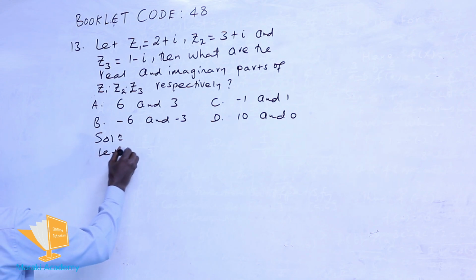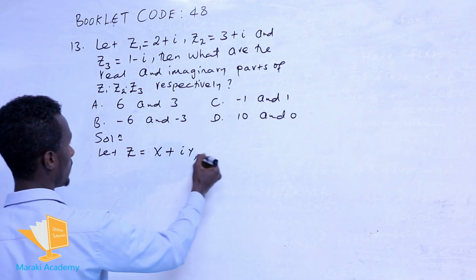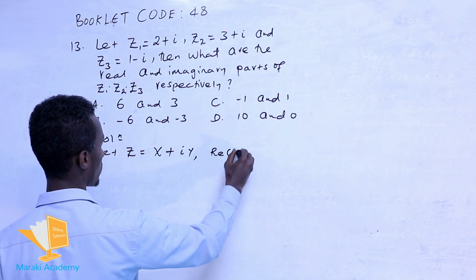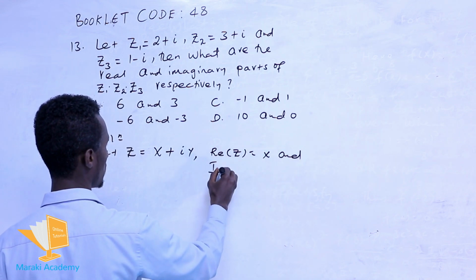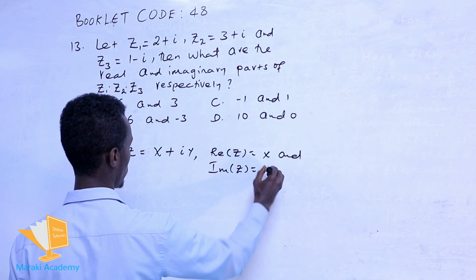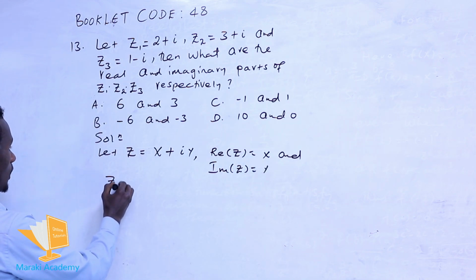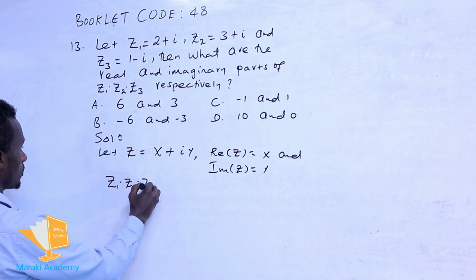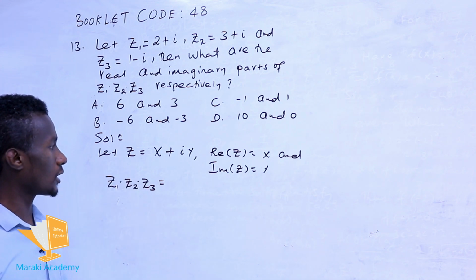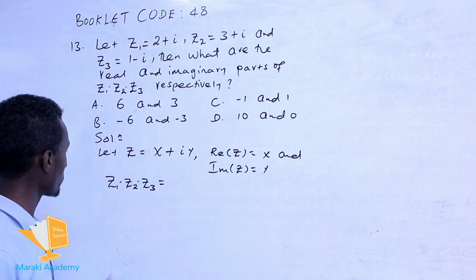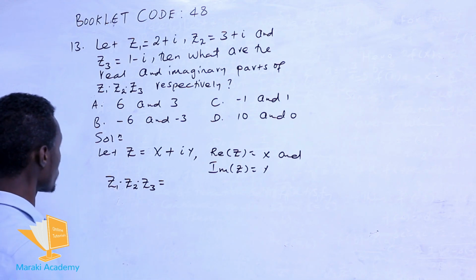Let z equal x plus iy, then the real part of z is x and the imaginary part of z is y. Now we get the product, z1 times z2 times z3. All three are complex numbers, so the result is a complex number because complex numbers are closed under multiplication.